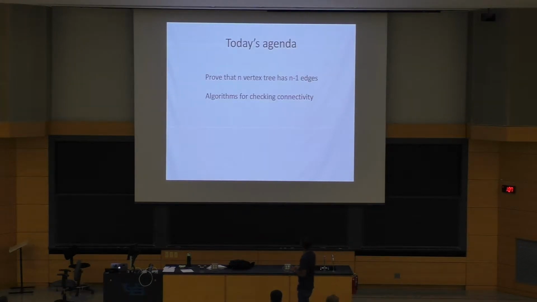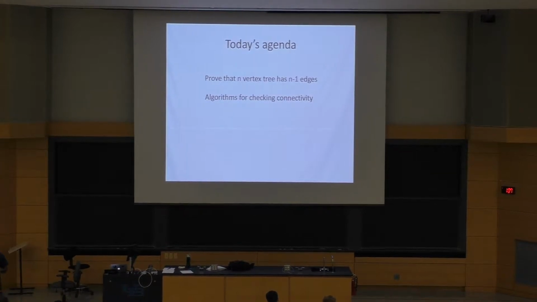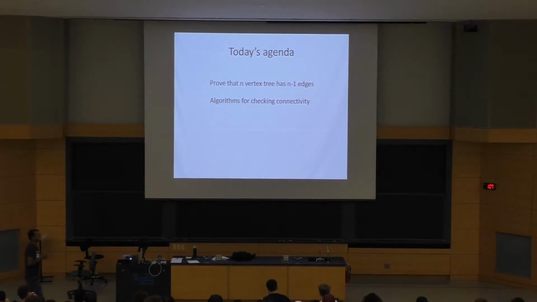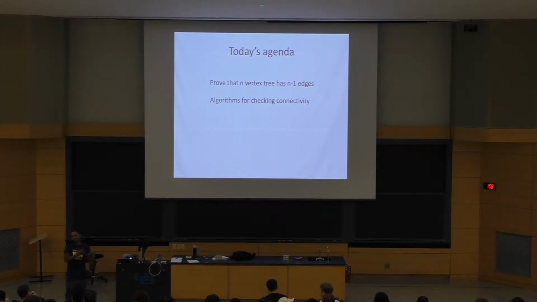All right. So what we're going to prove today is that any tree with n vertices has exactly n minus 1 edges. You might ask, why should we bother proving? Well, there are two answers. One, because I think it's an interesting fact. But the second one is this is a good way to go through more examples of how to write proofs and things like that.